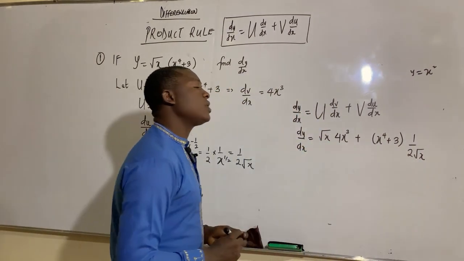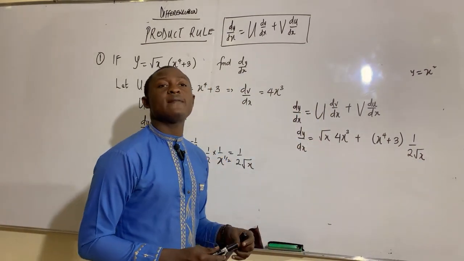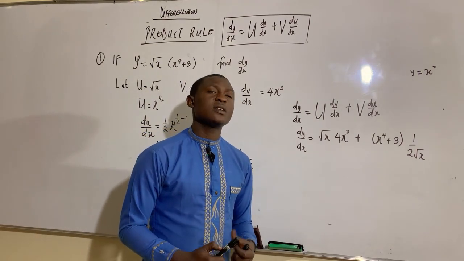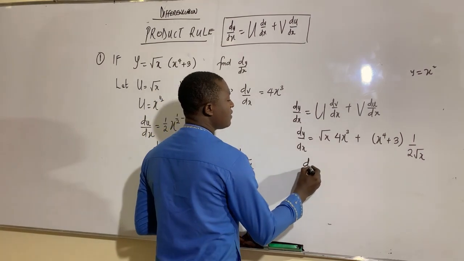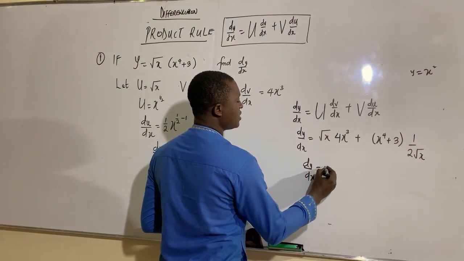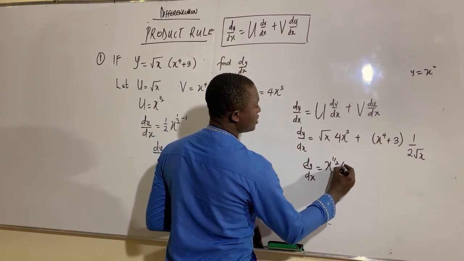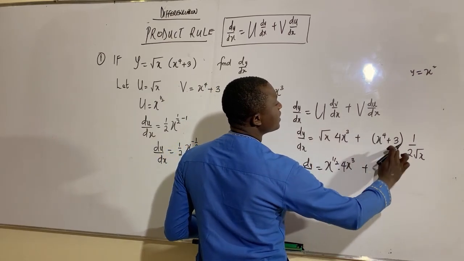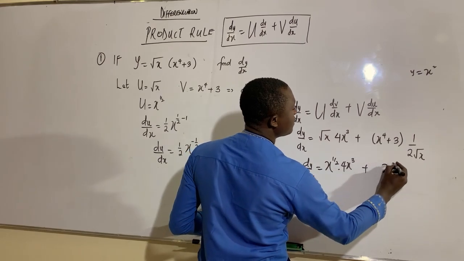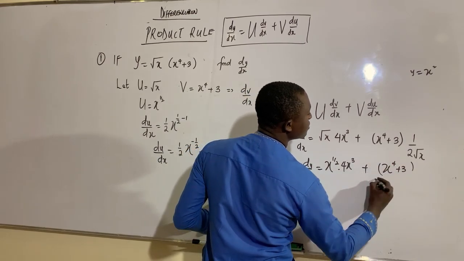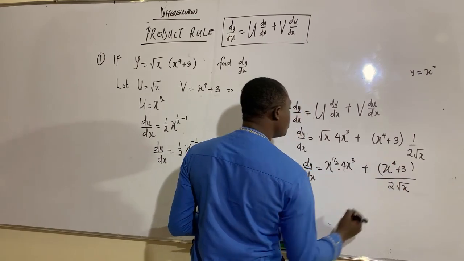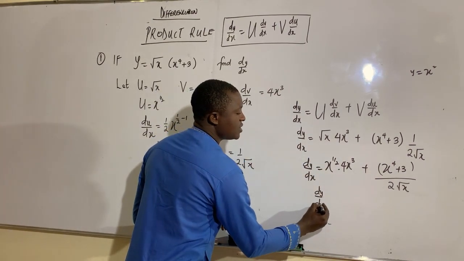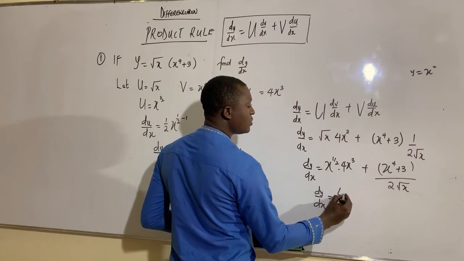We can still apply indices here, because root of x can be written as x raised to the power of 1/2. So dy/dx is x^(1/2) times 4x³, plus (x⁴ + 3) all divided by 2 root of x. Then with indices, this times this, I'm going to have 4x.